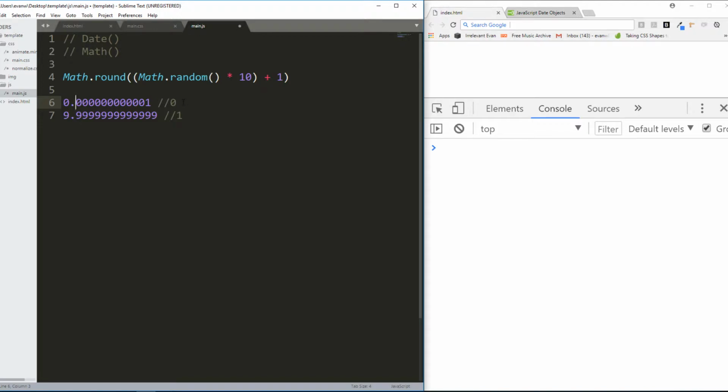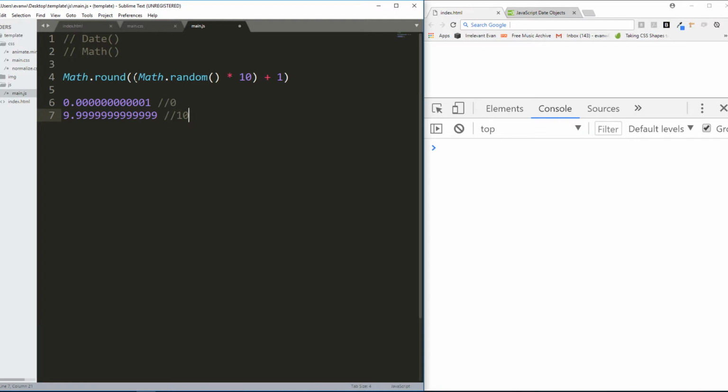What do they round to? 0 and 10. Math.random times 10 rounded is going to yield a lowest possible number of 0 and a highest possible number of 10. So far so good, but we want to make sure that 0 is not in our range, correct?